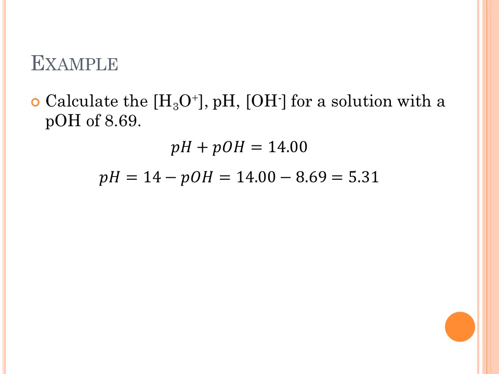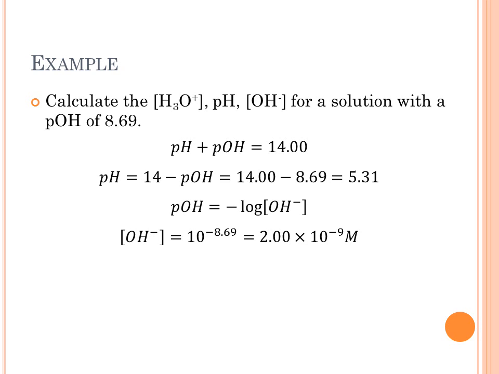So pH is equal to 14 minus pOH, so 14 minus 8.69 is 5.31. Now the pOH is the negative log of the hydroxide ion concentration, so to get the hydroxide ion concentration, do a little algebra. So hydroxide ion concentration is 10 raised to the negative pOH, or negative 8.69, which ends up being 2.00 times 10 to the negative 9th.